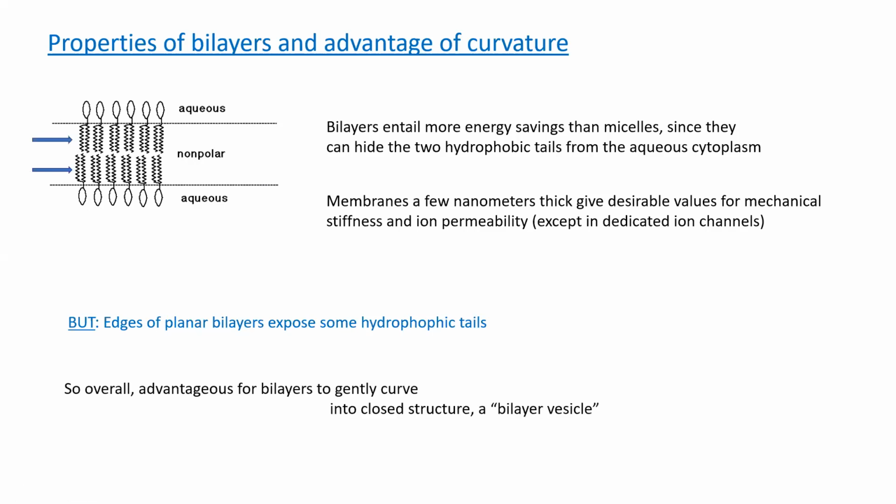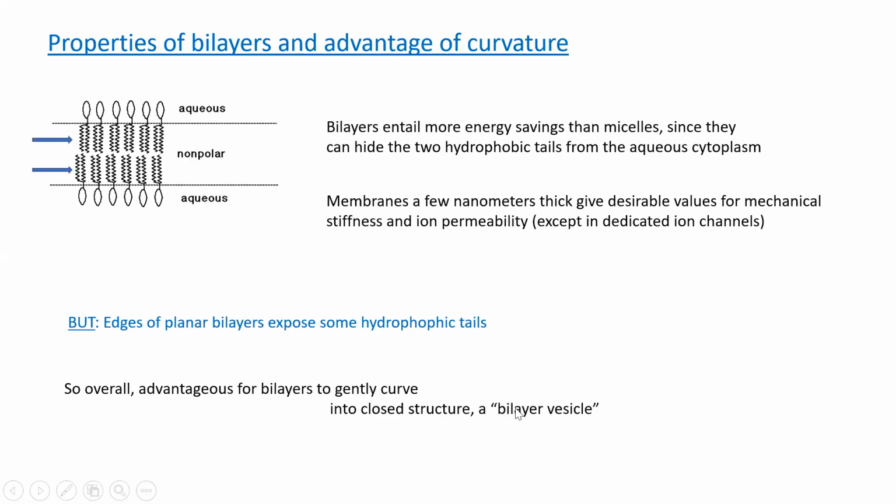So it turns out that overall, it's advantageous for these bilayers to gently curve into a closed structure. The curvature actually imposes a small free energy penalty, but it's more than offset by hiding these exposed hydrophobic tails.